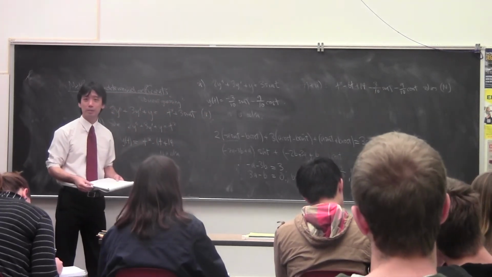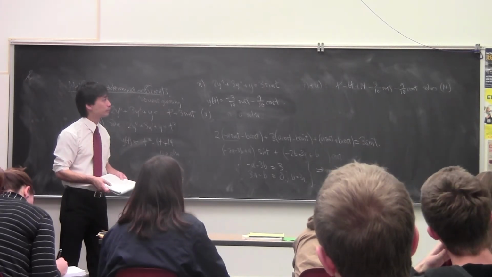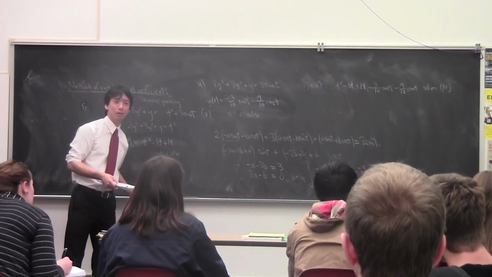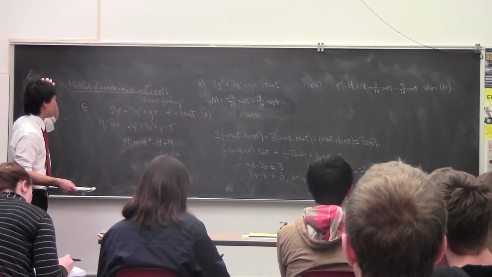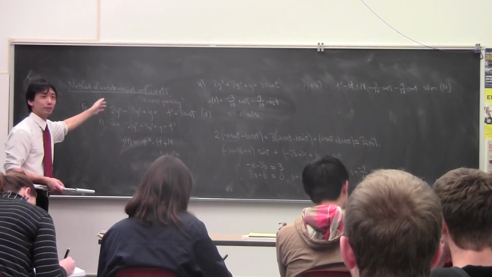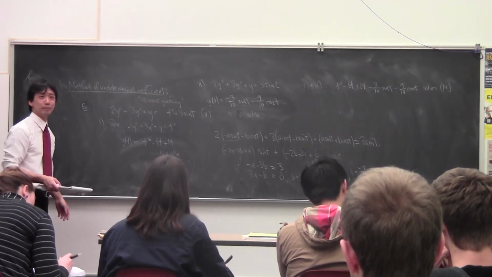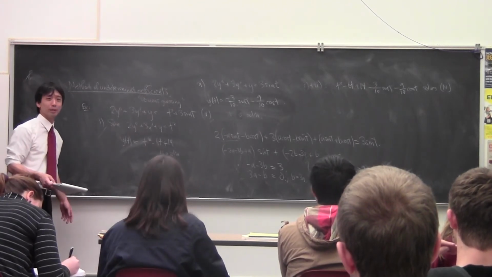We've managed to guess a solution. And this is not all that different from just guessing, right? You just look at it and say, this thing is going to involve some quadratic, it's going to involve some trigonometric functions. And then you figure out what it must be. That's why this is not particularly detailed.